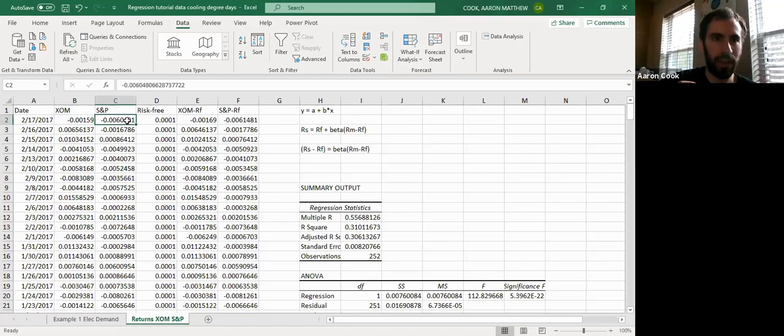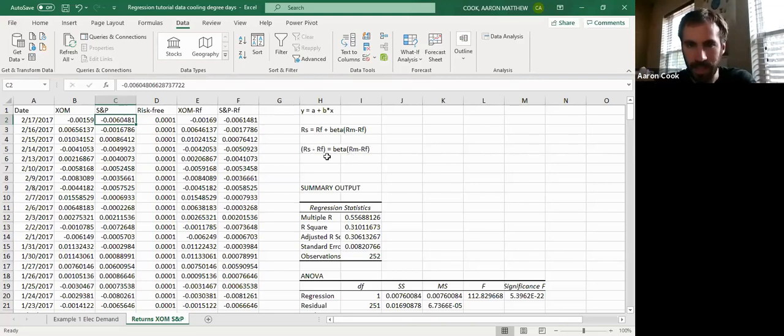As long as you have a bunch of pairs of those two variables, a daily observation of the returns on an asset and a daily observation of returns on the market, those represent pairs of data, XY coordinates, which will form a cloud of data on an XY plane. And then this regression is what's being used to fit a line through that data to figure out what the slope of that line is. The slope of that line in this case is the beta, because beta is the coefficient on the market returns relative to the risk-free returns.